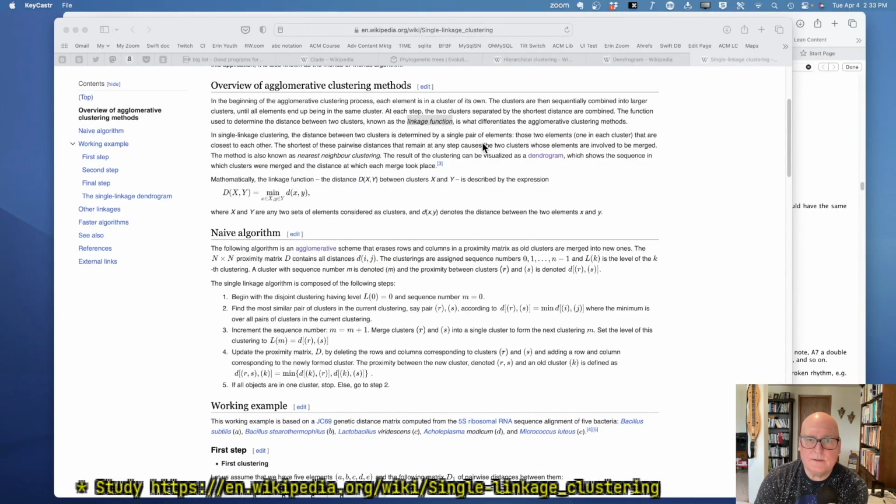And the distance is determined by a single pair of elements. Let's capture this sentence fragment.